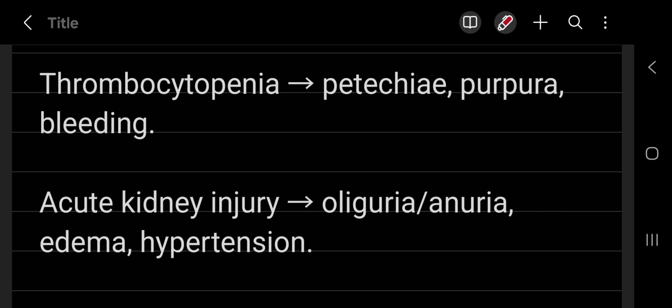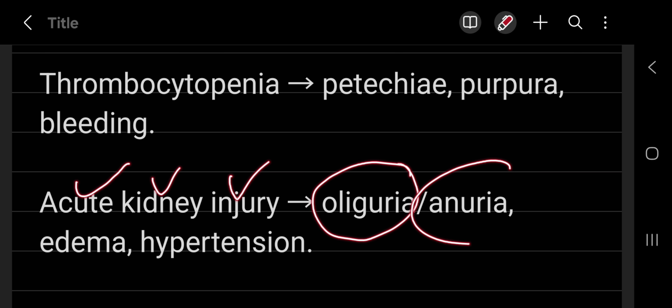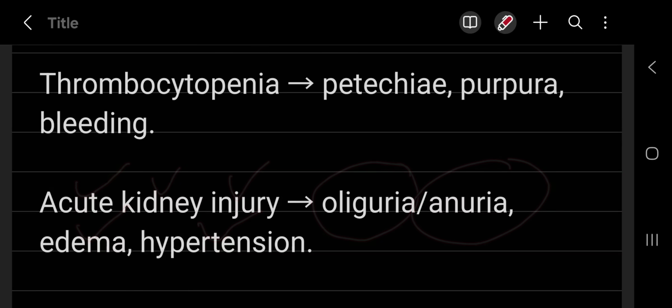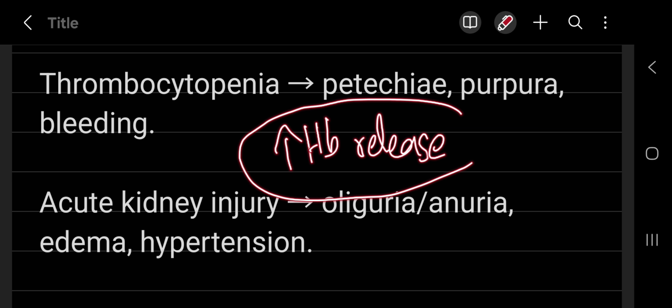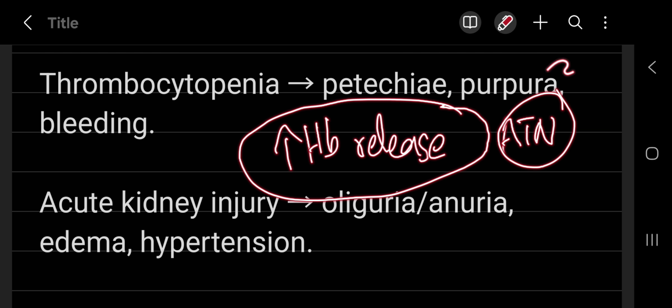Then there is acute kidney injury, oliguria or anuria. The patient may have edema and hypertension. This acute kidney injury may be due to increased hemoglobin release from the RBCs that are damaged and lead to acute tubular necrosis.